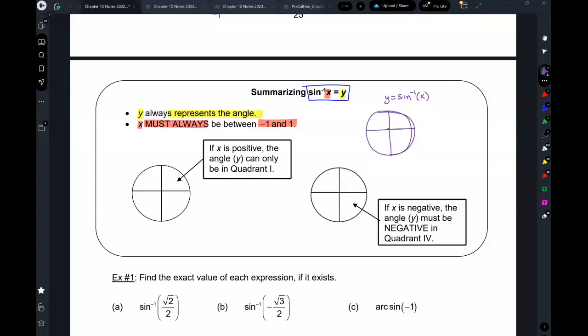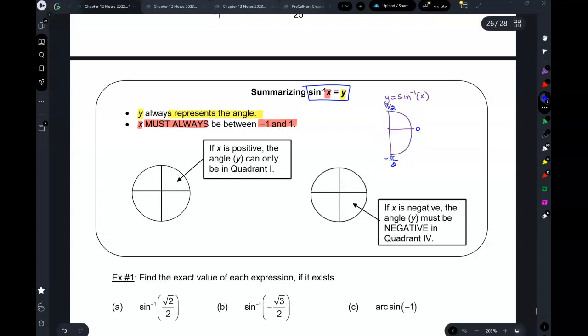Where would negative pi over 2 be here? On the bottom here. And pi over 2 would be here. 0 would be here.